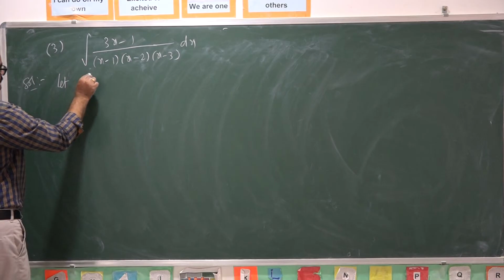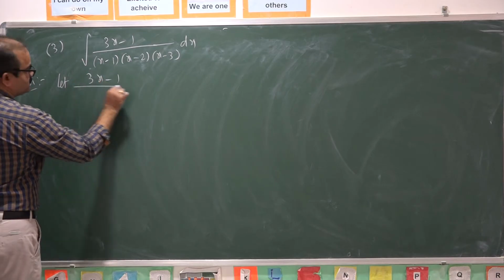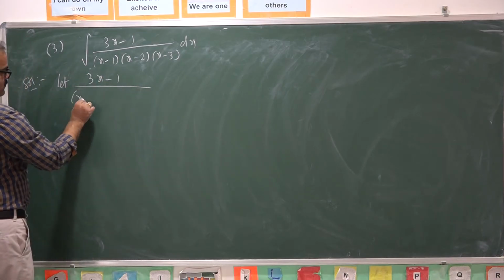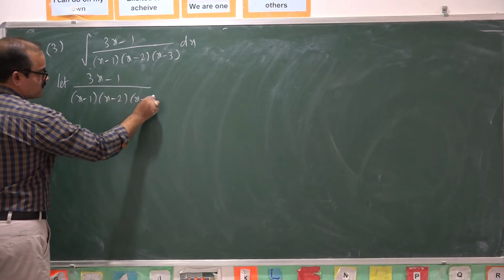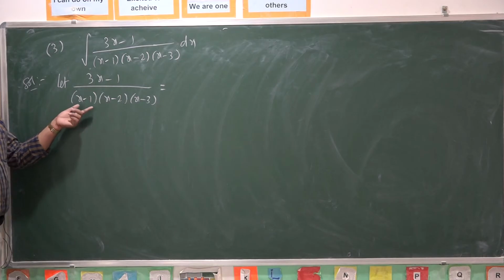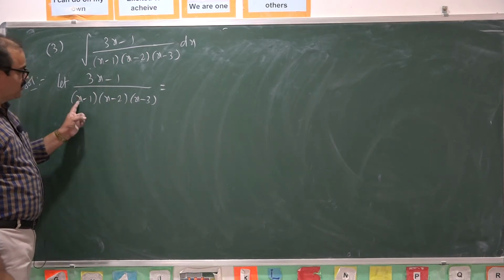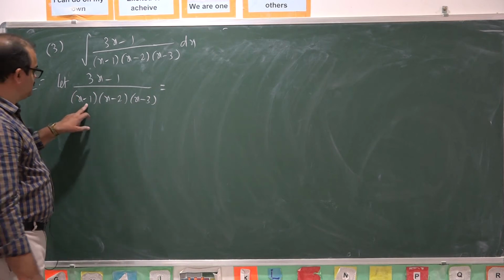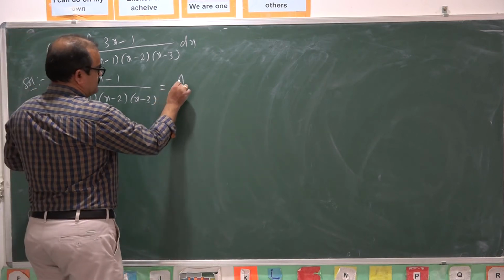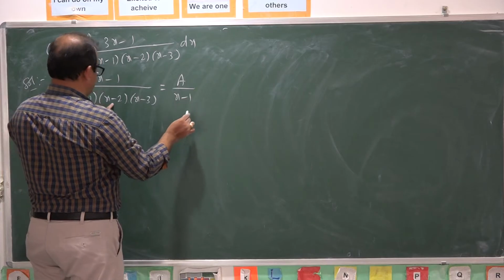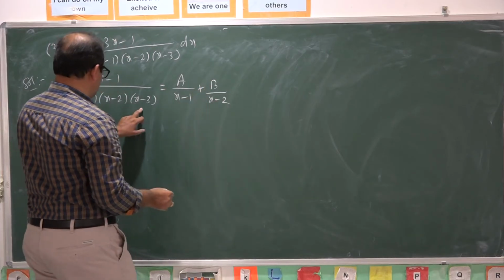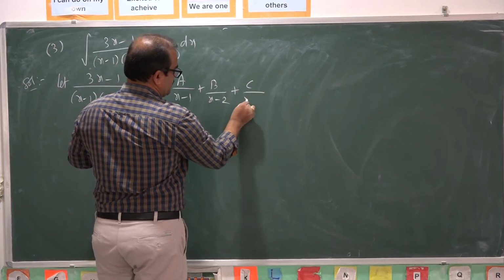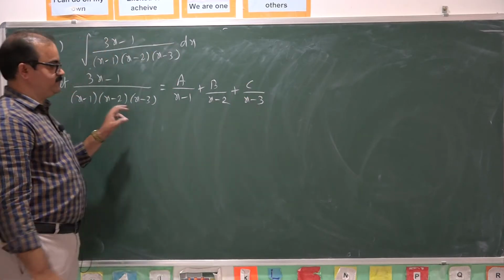Let it be: here all these are linear factors, non-repeated linear factors. So write it as A by (x minus 1) plus B by (x minus 2) plus C by (x minus 3).